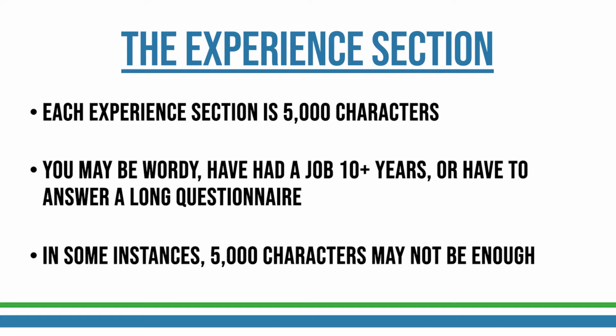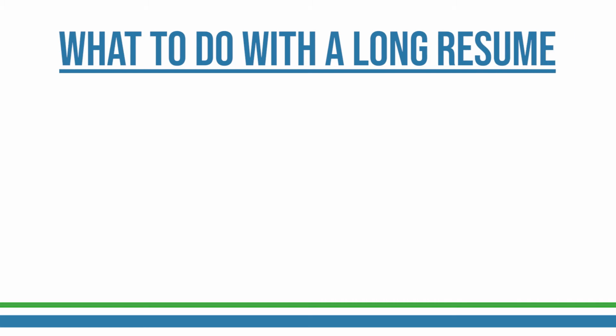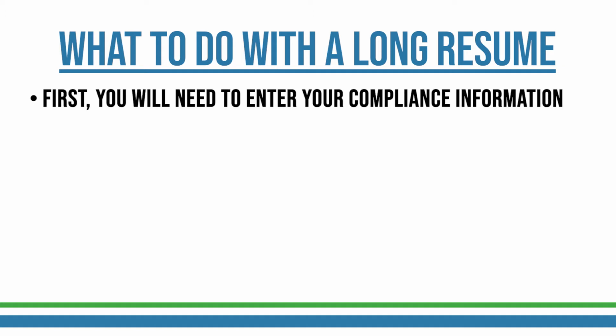So if your work experience on your Word resume is, let's say, 7,500 characters, and you have decided to copy and paste into the USAJOBS builder, the first part of the experience in the builder is what I call your compliance information.